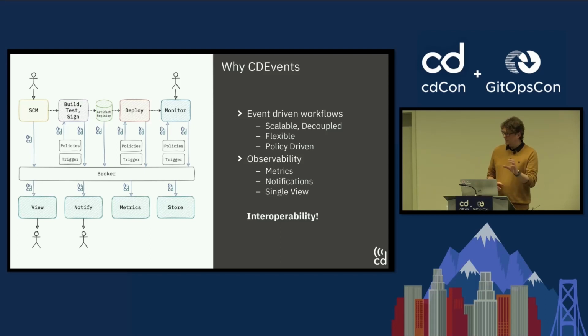It will still produce the same format of information, so you can continue to use the same policies and the same visualization tools to get everything working. And the second use case is observability, so the ability to have an overarching view of your workflow across the different tools to build metrics and notifications.